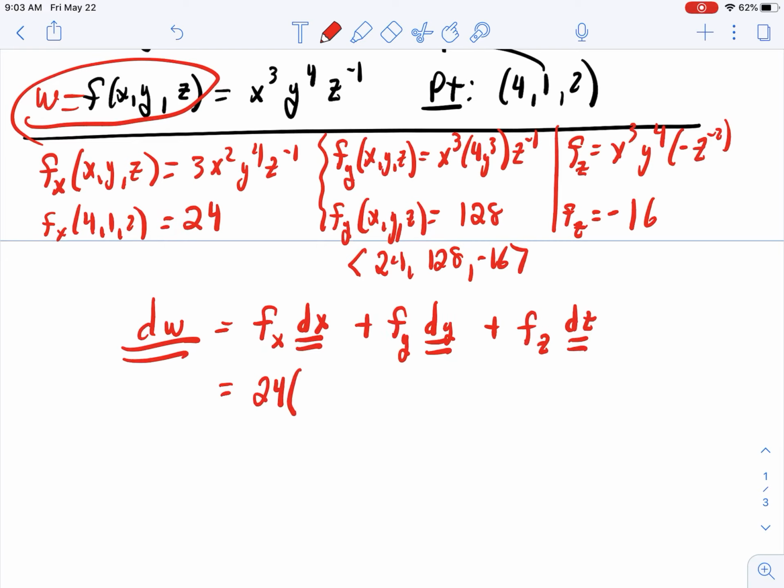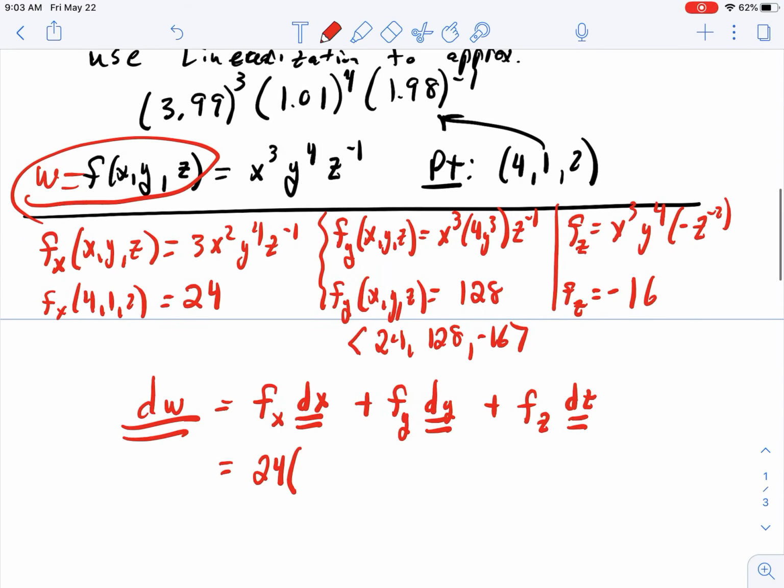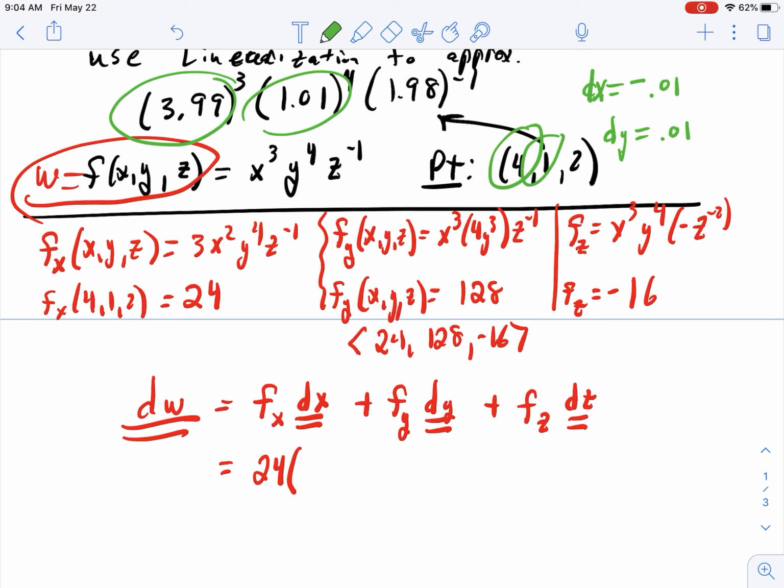Now how far off of x values is this? So what's my difference of my dx's? Well, the difference between 4 and 3.91 would be a negative 0.01. What's the change in my y's? dy, well, that would be 0.01.